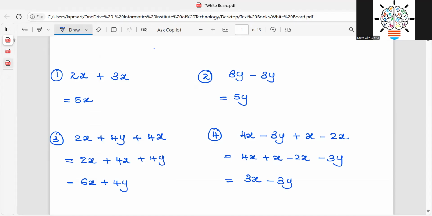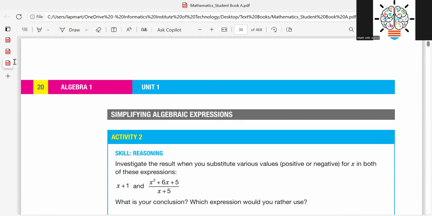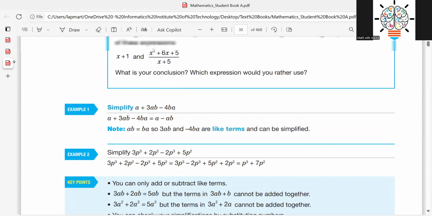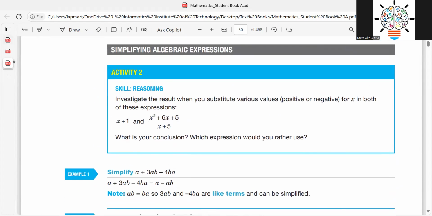You can copy down these 4 examples. Now we'll see the 5th example. You have a plus 3ab minus 4ba.